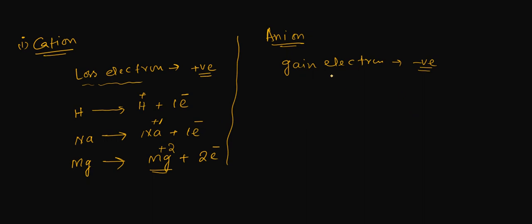Usually the elements on the very right side of the periodic table give anions. For example, when a fluorine atom gains 1 electron, it gives a fluoride anion. Similarly, when a chlorine atom gains 1 electron, it becomes a chloride anion.